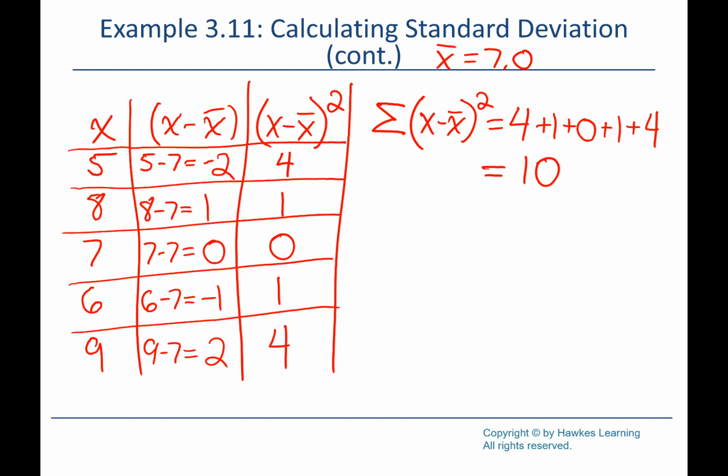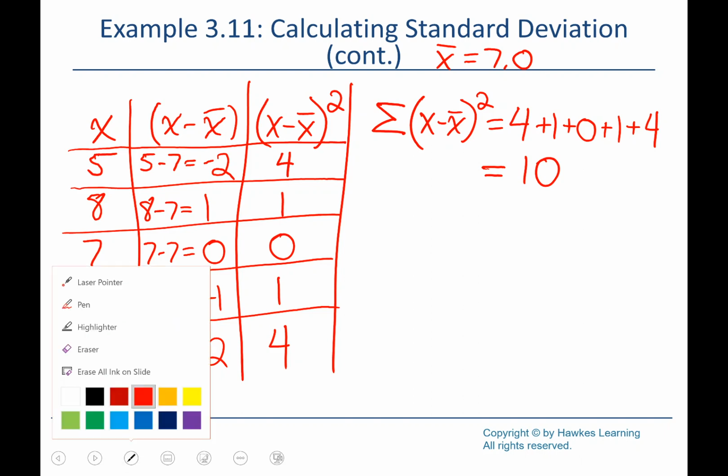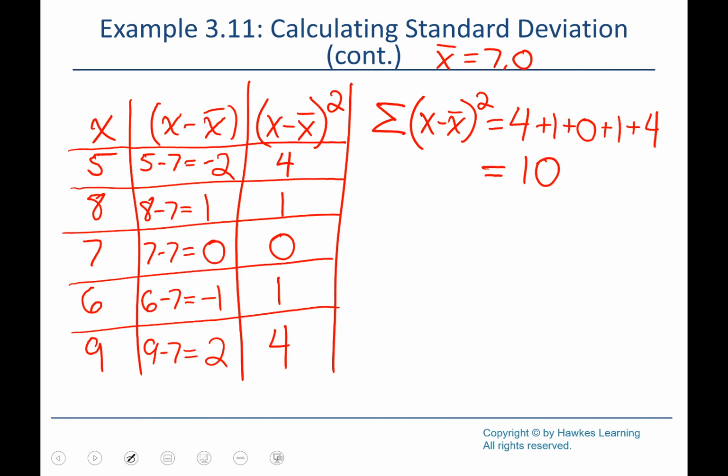And now we can actually plug in to the formula. Let me get a different color here just so it doesn't all run together. So here we're trying to find sample standard deviation. The top part of this is what we just figured out, this sigma of x minus x bar squared, that's 10.